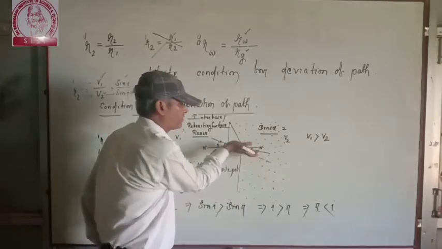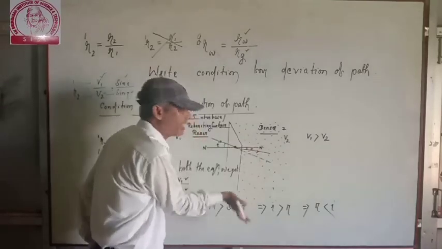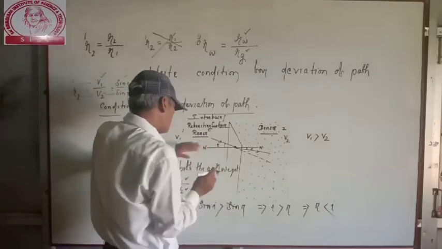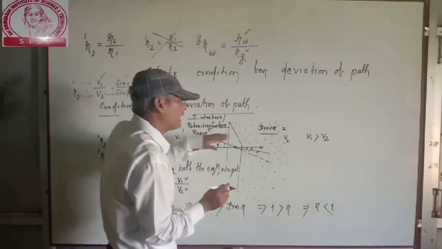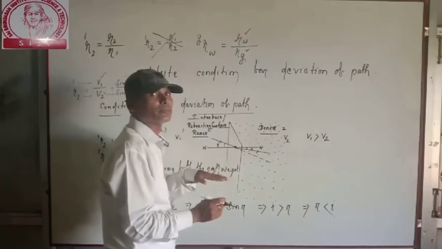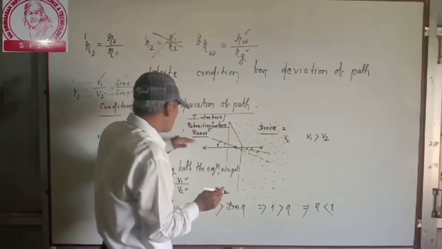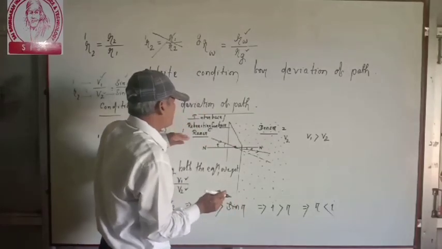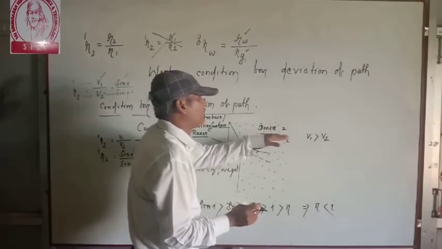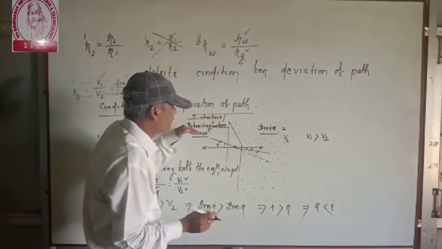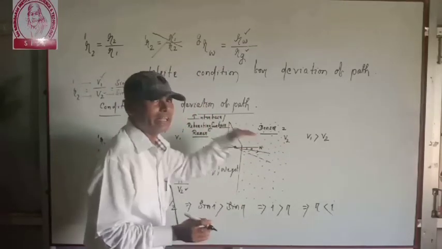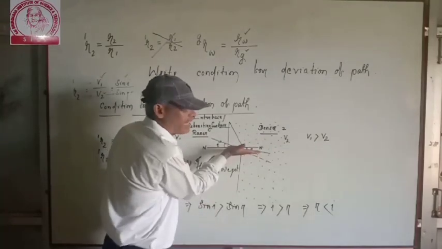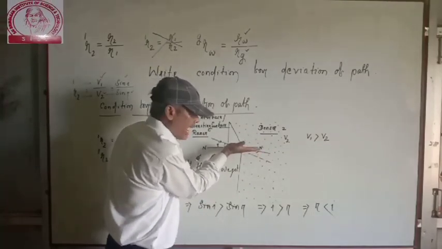When first medium is denser and second medium is rarer, the ray propagates from denser to rarer, and the refracted ray bends away from the normal.